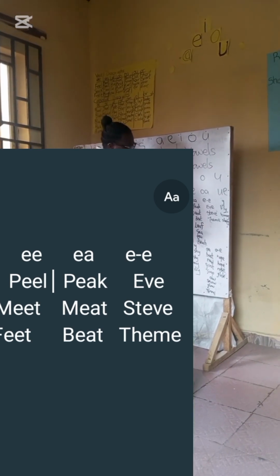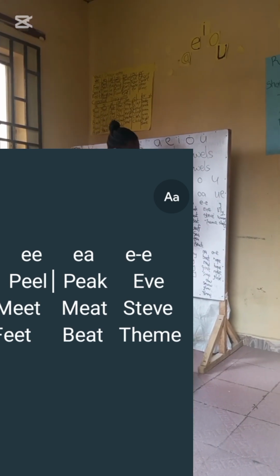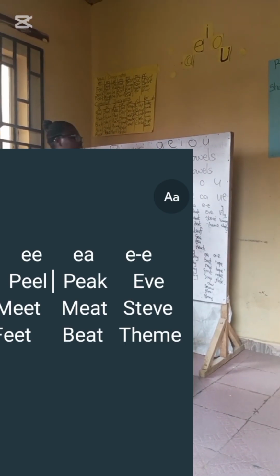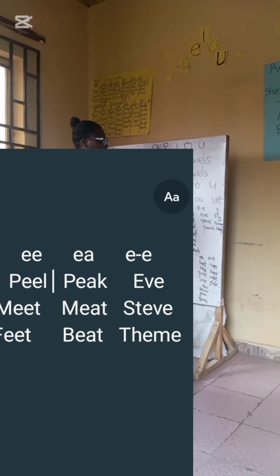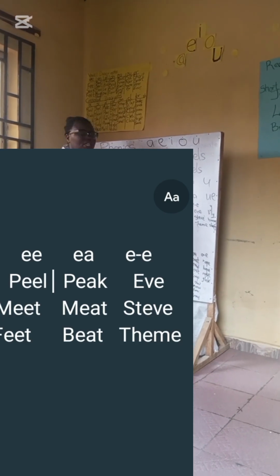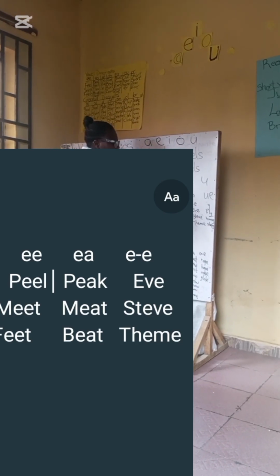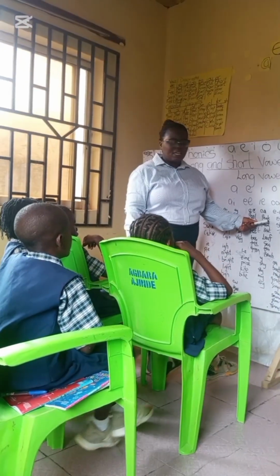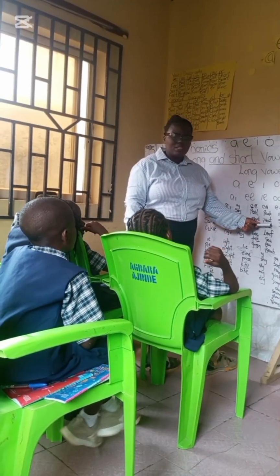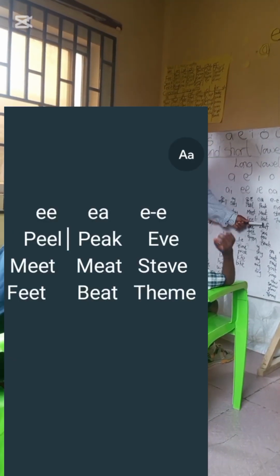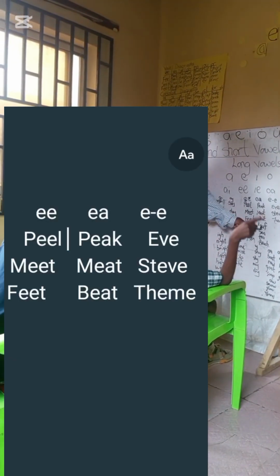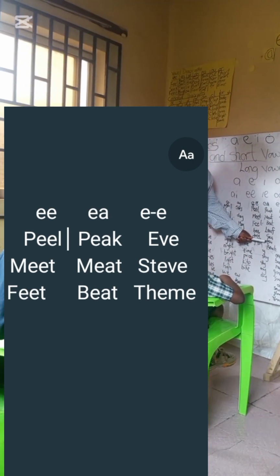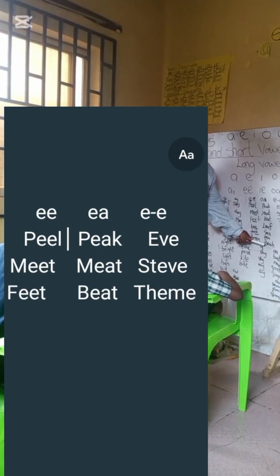E as in beach. E as in tree. E as in green. Then we have E and A. You can only hear the name of the E while the A is silent. So we have E as in meat. E as in beat. E as in leaf. E as in sea. E as in tea. E as in beach.